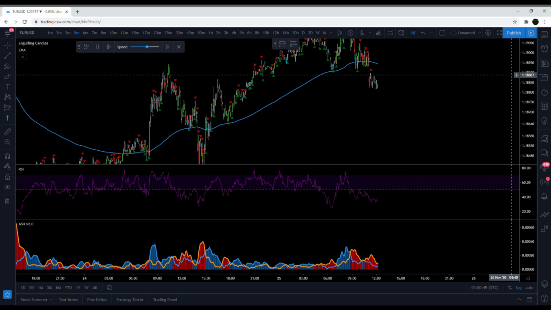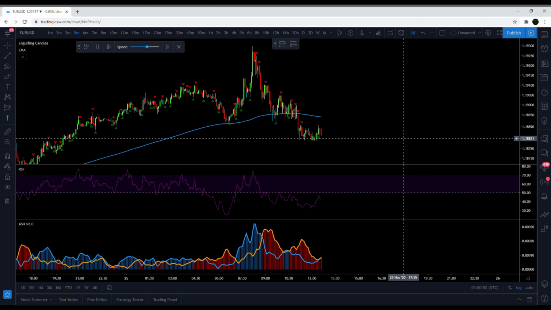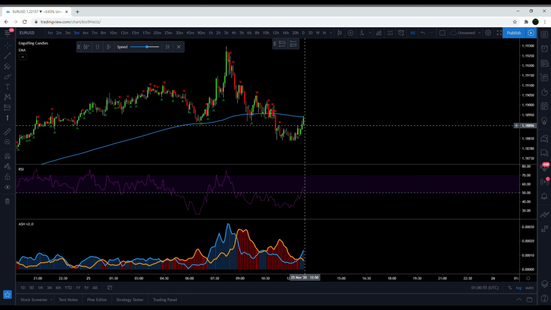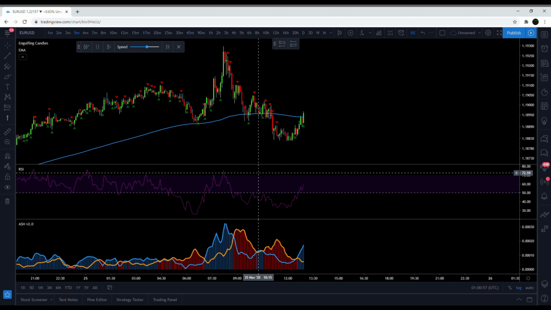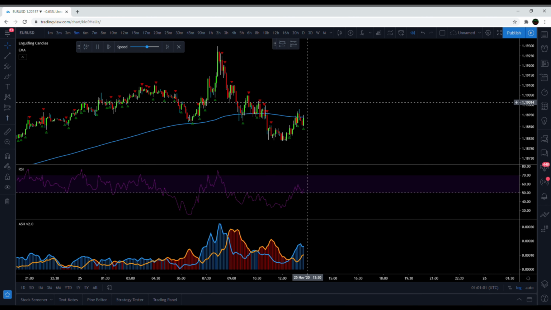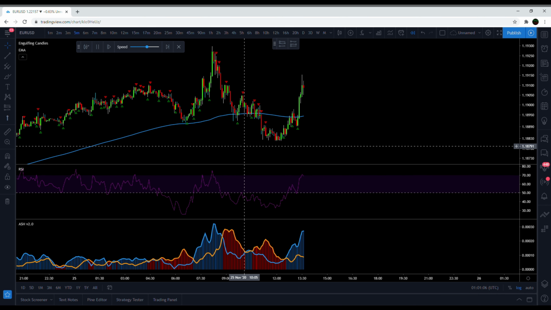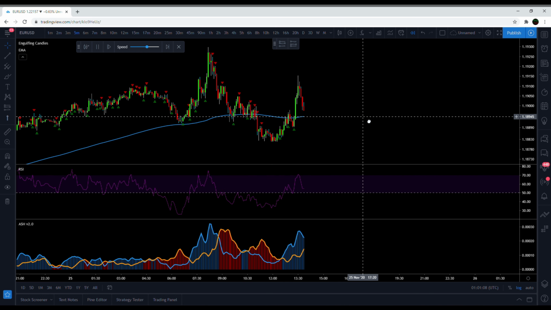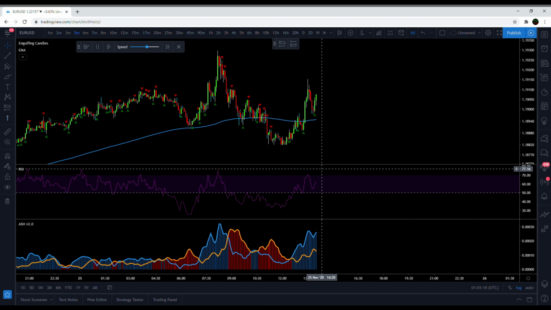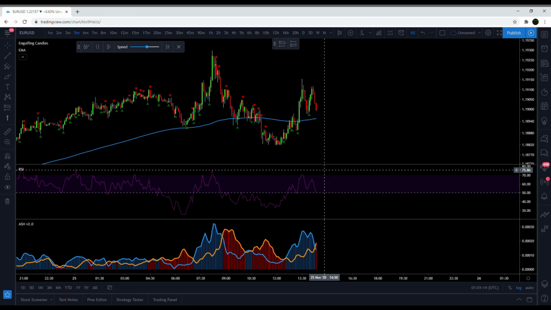Let's see. How I'll know if I'm going to be looking for a short here is if we come up here and then I get some hidden divergence that's pointing down, hidden bearish divergence. So if price comes here and RSI is already higher than it is over here, then I might be looking for a short. So it's getting close there. I think we might actually get what I'm talking about for a short entry.